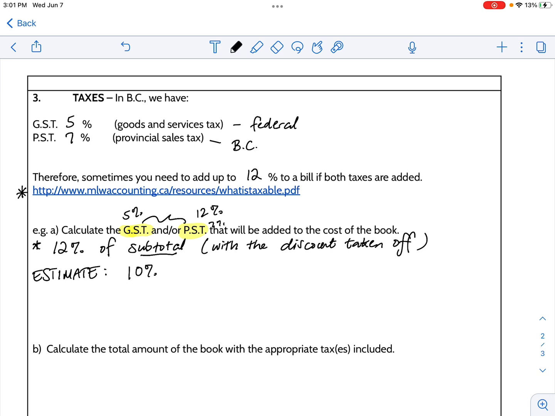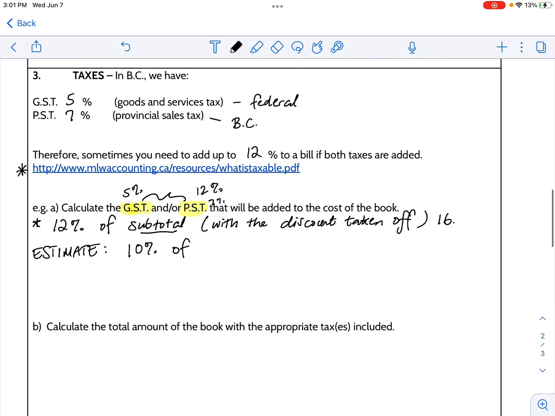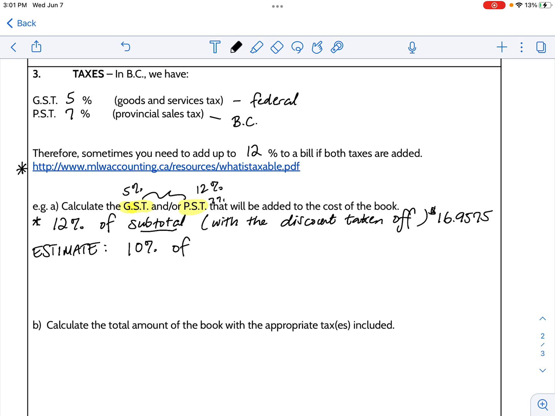I'm going to estimate 10% of 16.9575. So let's make that 17. I'm going to estimate 10% of $17 because I know I can do that in my head. So that is $1.70. So I know that the tax is going to be around $1.70.